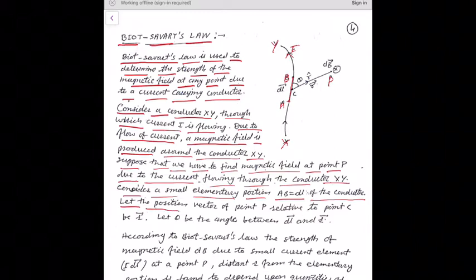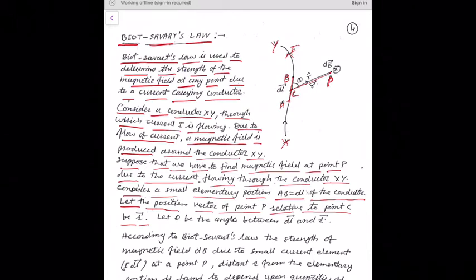Let the position vector of point P relative to point C be r vector. Here is point C, here is point B. The distance of P from C is r, so the position vector is r vector and the unit vector is r cap.